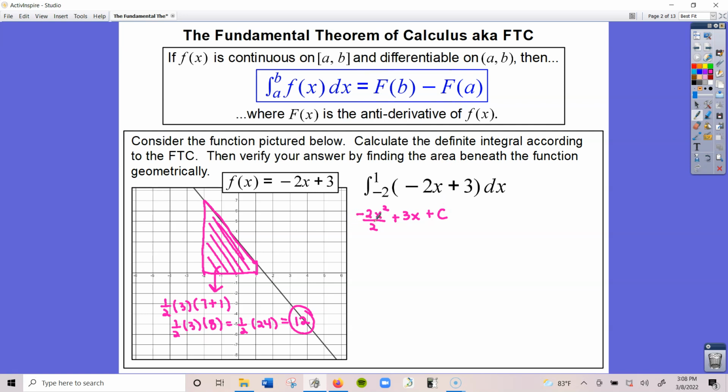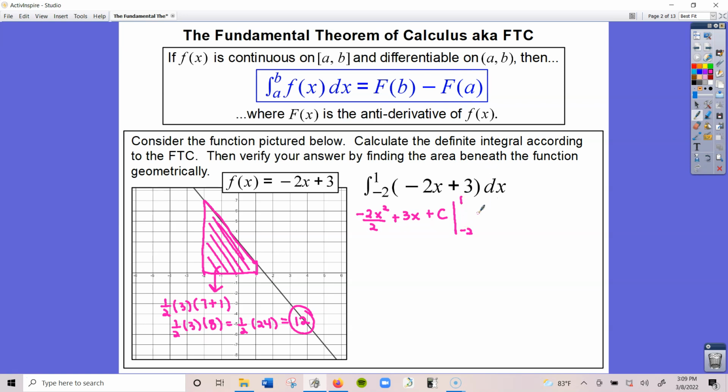Now, in terms of notation, once I've integrated, you are going to show that you are applying the FTC by putting a bar, and then on that bar you're going to put your limits of integration, starting with negative 2 on the bottom and 1 on the top. So what this means is that we have already integrated, and now I'm going to evaluate this using these two numbers.